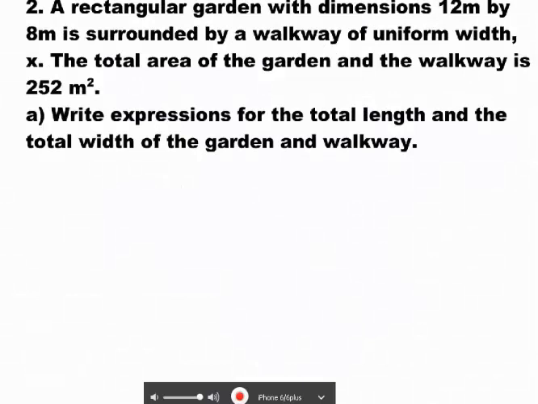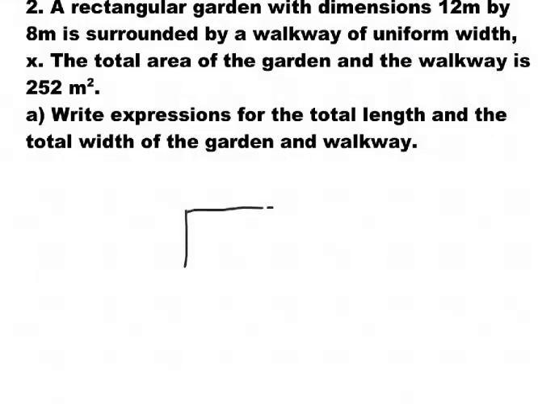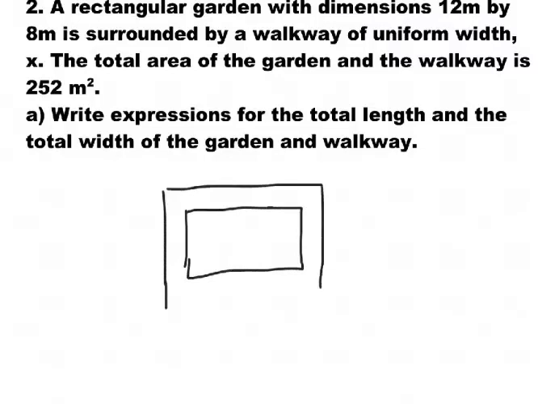The next example, we have a rectangular garden with the dimensions 12 meters by 8 meters, which is surrounded by a walkway of uniform width of x. So this means that we have a rectangle like this, and then we have a walkway.